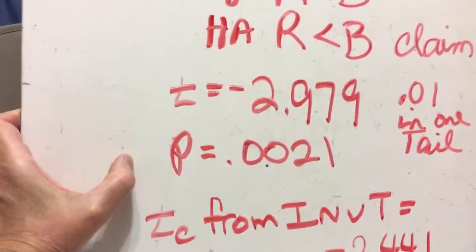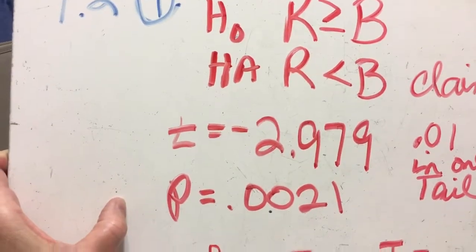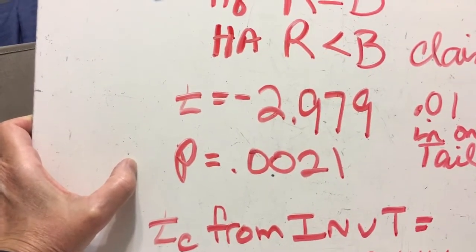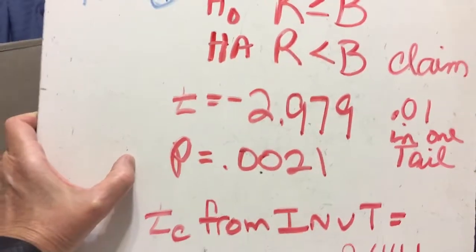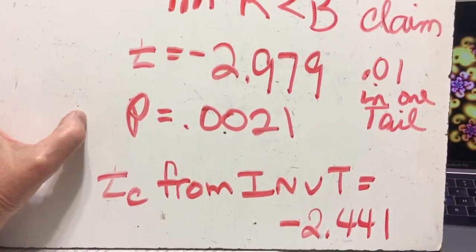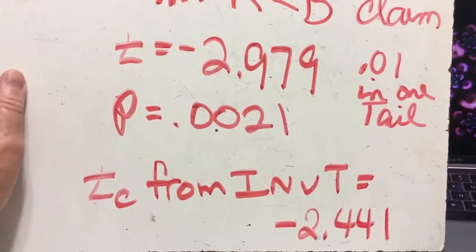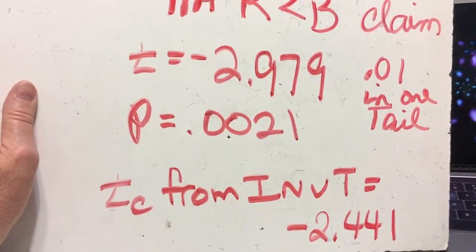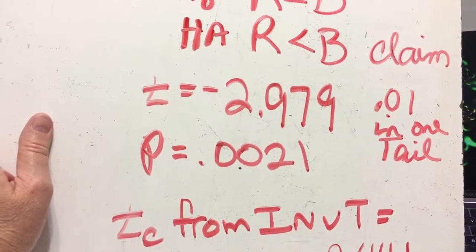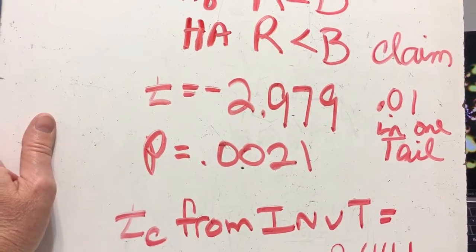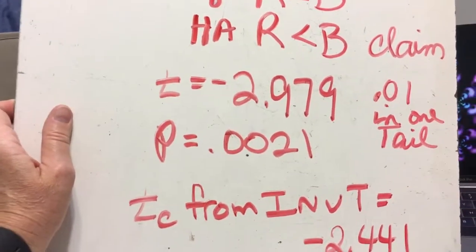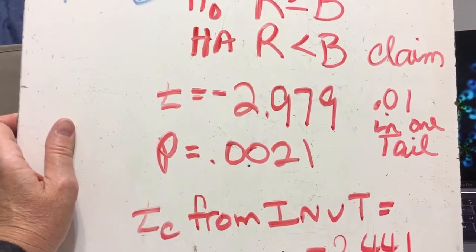So basically, my situation is one-tailed, and I've got 0.01 as my critical value, so it's all in one tail. So I want 0.01 in one tail, and when I put inverse t, now remember, 35 and 36 were my two sample sizes.